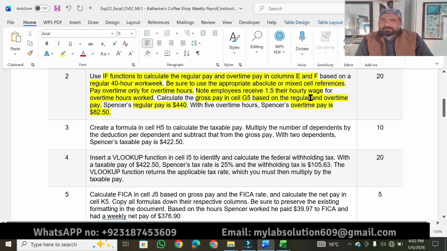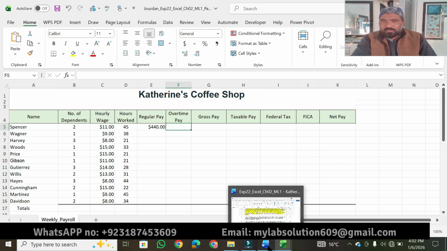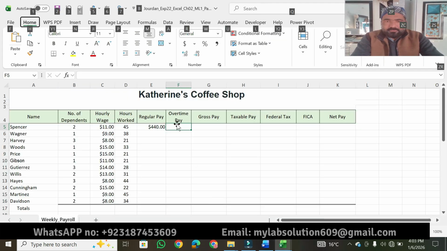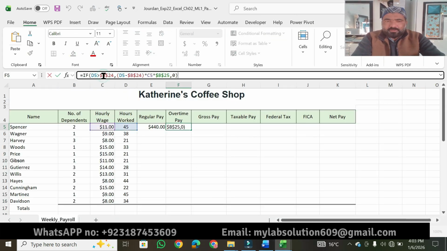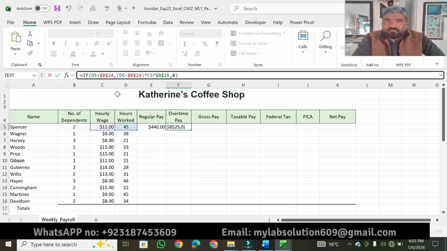Now we have to find overtime pay, which is in column F here. Okay, so for that we have to use a formula. What formula do we have to use? Well, let me make that formula. So after reading the instruction, we will use this formula. In this formula, if D5, meaning this one, is greater than B24, meaning 40 hours, this one. Okay, if this condition is true, then D5 minus B24, meaning this one minus this 40.